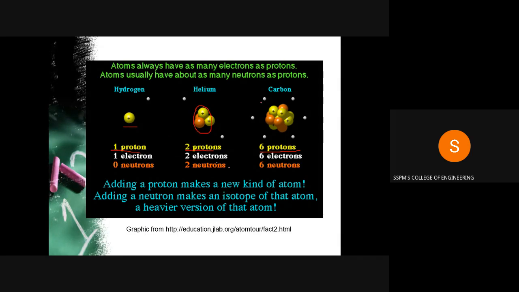Valence shell means the outer orbital, which depends on the electronic configuration of that element. The properties of the elements depend upon the number of valence electrons present in the outer orbital.